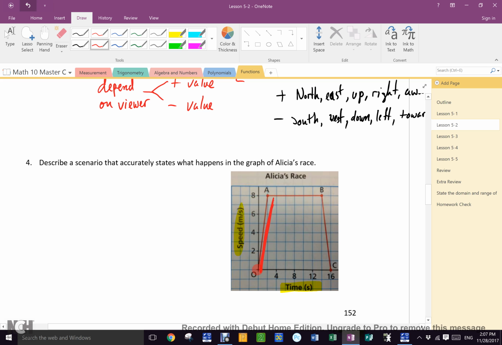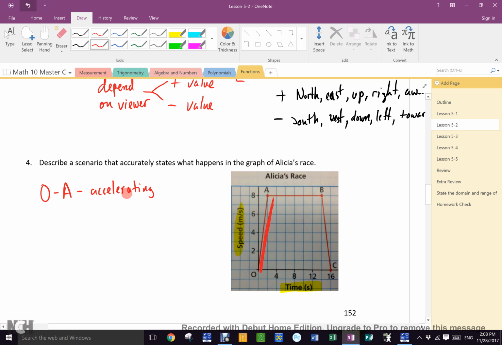How fast is she going at 0 time? She's not running at all. She's at the starting line, isn't she? So, what is your speed at the starting line of a race? 0. So from 0 to A, she's standing still. No, I lie. She's accelerating.